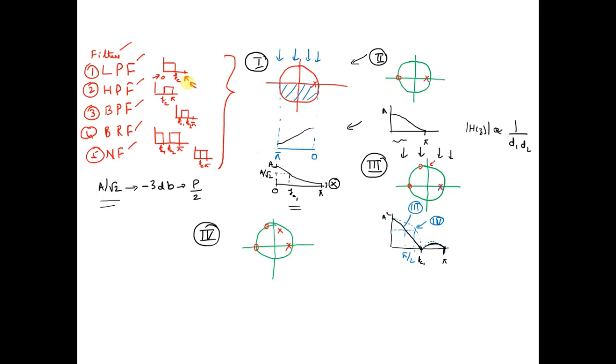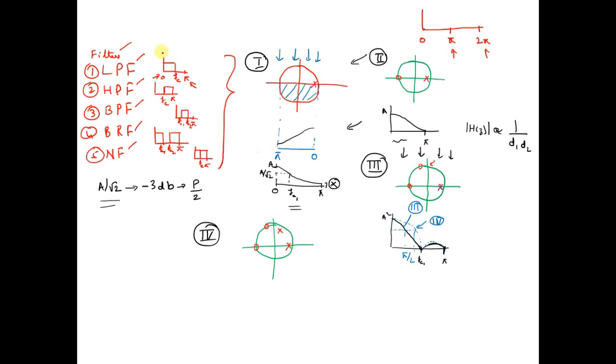So the total frequency range available while designing the filter is 0 to 2 pi radians. Depending upon the sampling frequency, this 2 pi frequency and pi frequency will vary.